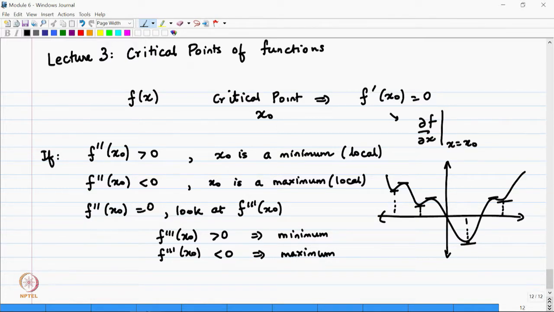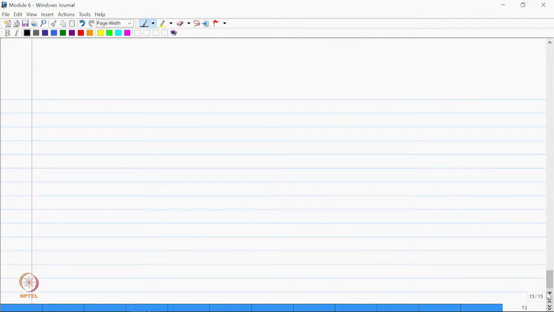So, now what are the kind of functions that can have a second derivative 0, but a third derivative that is not? So, you could have a function that comes down and then it goes almost flat for some time.